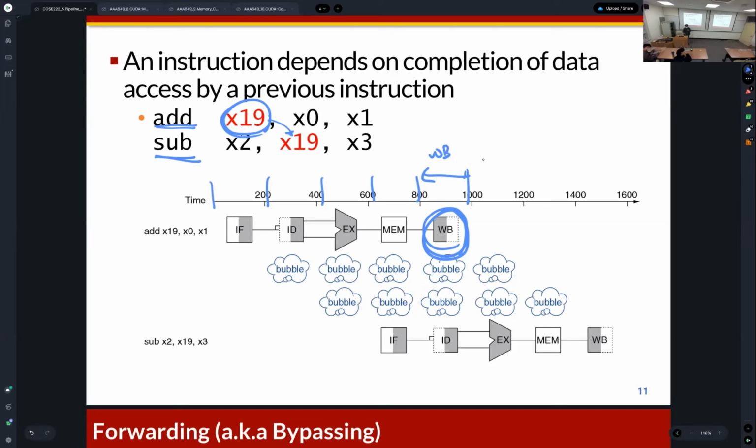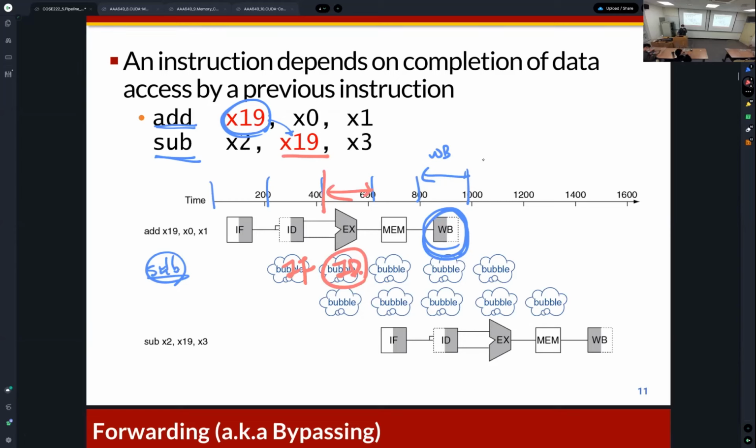But when the sub instruction is executed, originally in the instruction fetch and then ID here, the sub instruction needs to read data x19 during this period.